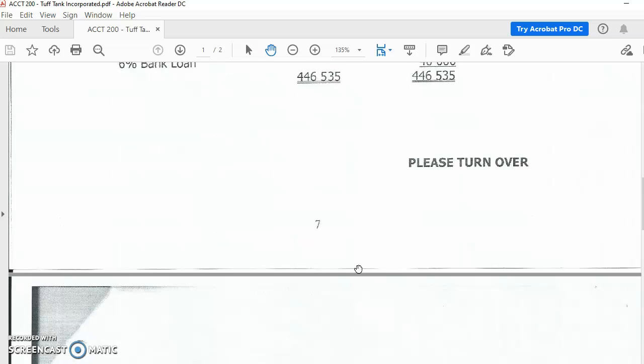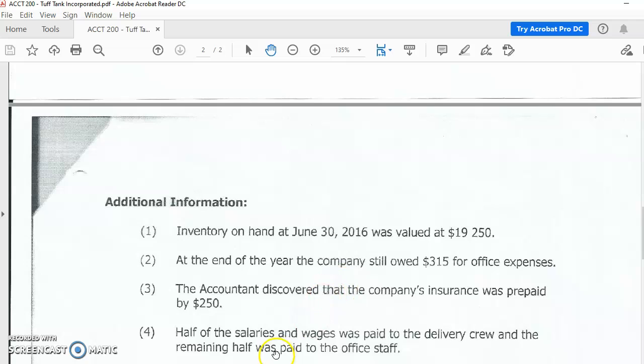It was stated in the additional information that half of the salaries and wages was paid to the delivery crew, and the remaining half was paid to the office staff. So therefore, we have to take that salary and wages figure and divide it between the delivery crew and the office staff. So we have some admin salary and wages expenses.